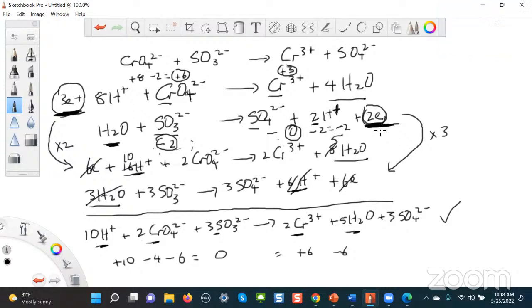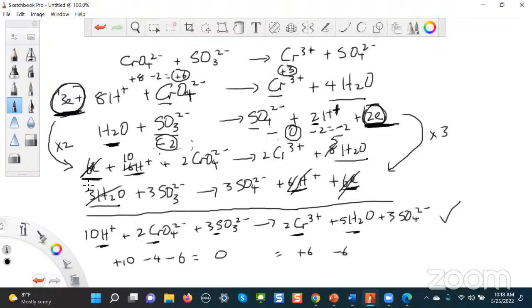So obviously, those numbers are not equal. So what we need to do to ensure that this number is converted to something equal to the number gained here is to multiply this equation by 2 so that we end up with 6 electrons here. And we multiply this equation by 3 so we end up with these 6 electrons here so that they will cancel out.